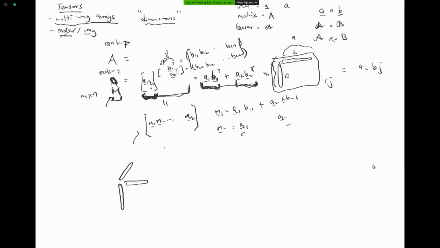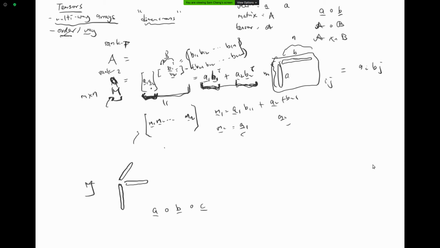Similarly, if I have a tensor, maybe I write T here as a script letter, as the outer product of three vectors.